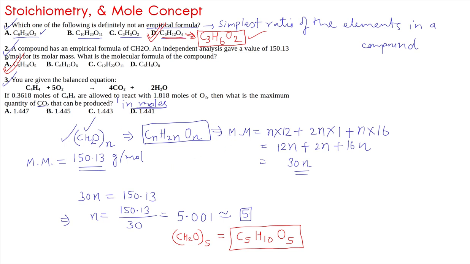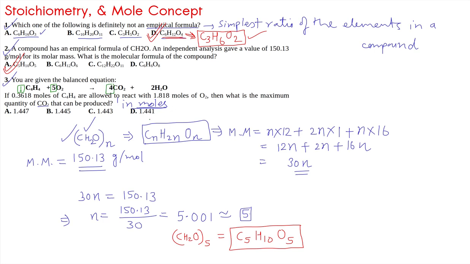So according to the balanced chemical equation given here, C4H4 plus 5O2 gives 4CO2. You see that 1 mole of C4H4, because here nothing is written for the number, that means it is 1. So that means 1 mole of C4H4 reacts with 5 moles of O2 and produces 4 moles of CO2.